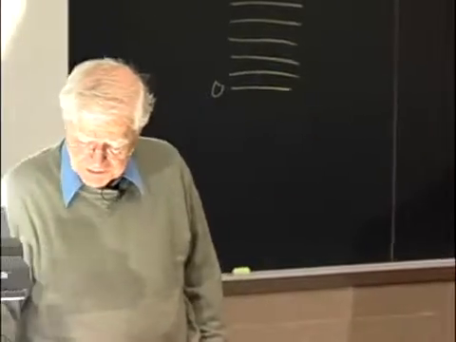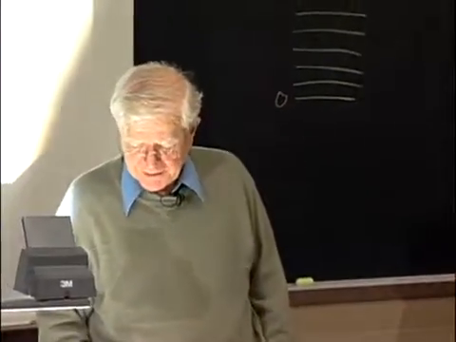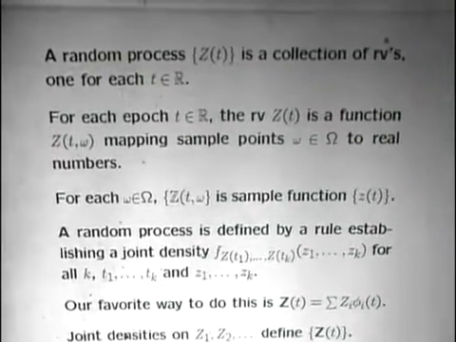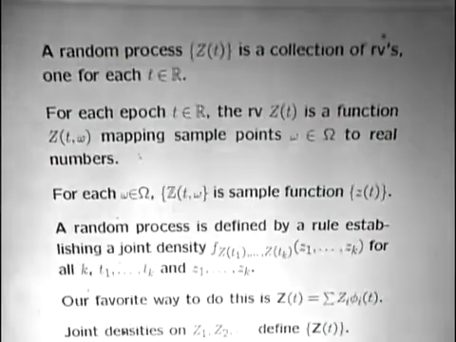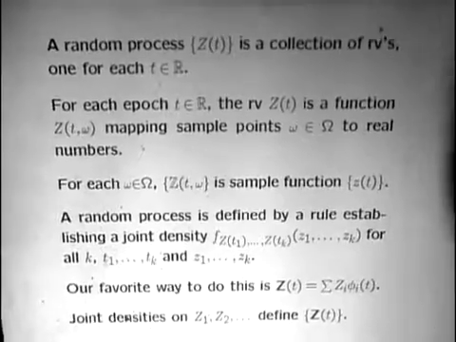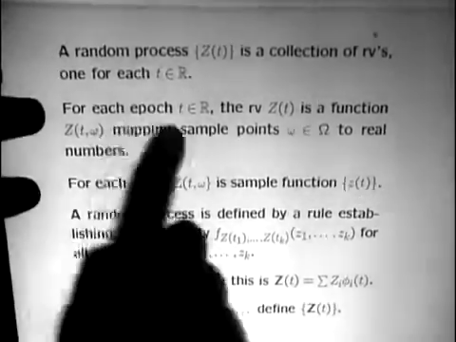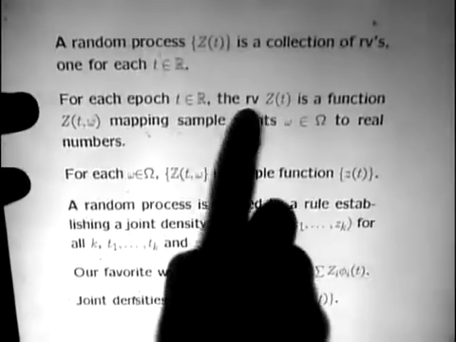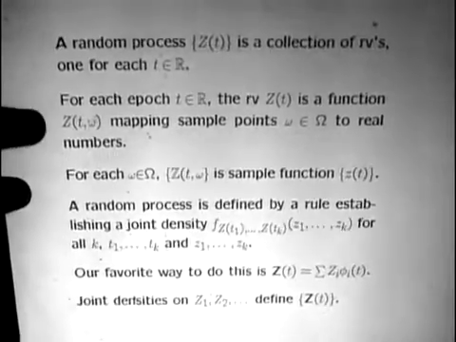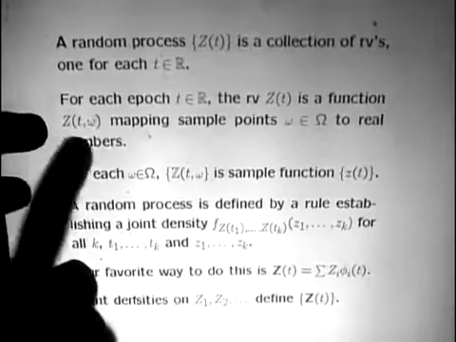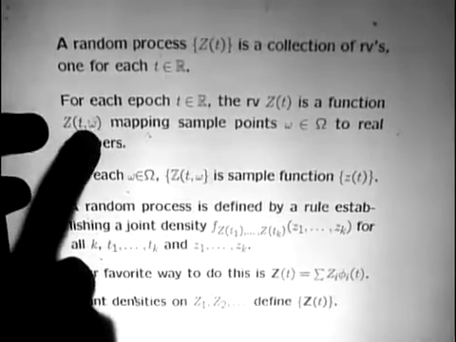Okay, so a random process Z(t) is a collection of random variables, one for each t in R. So in other words, this is really a collection of an uncountably infinite number of random variables. And for each epoch t, the random variable Z(t) is a function, capital Z(t, omega).